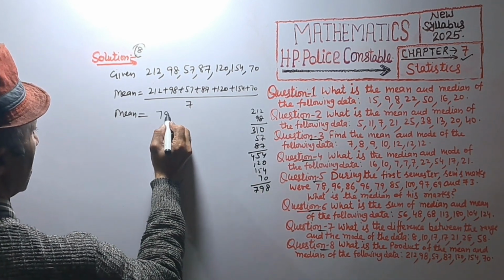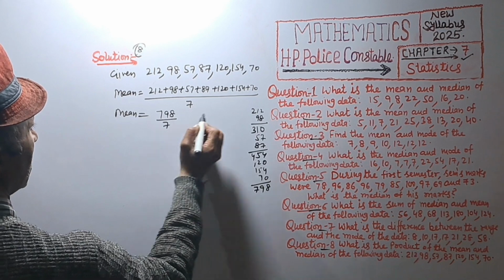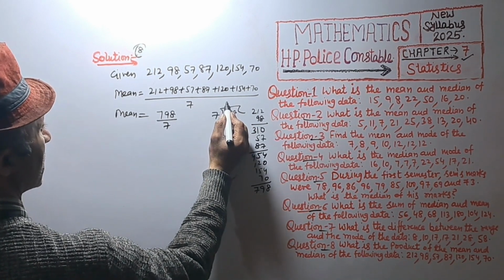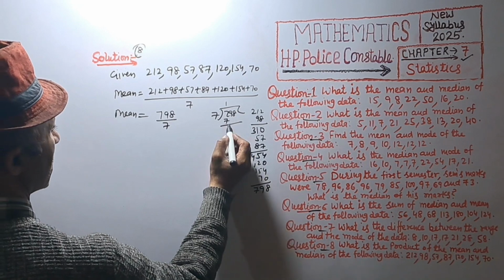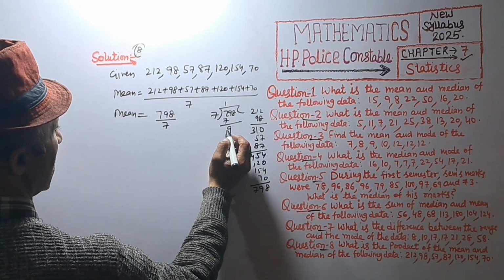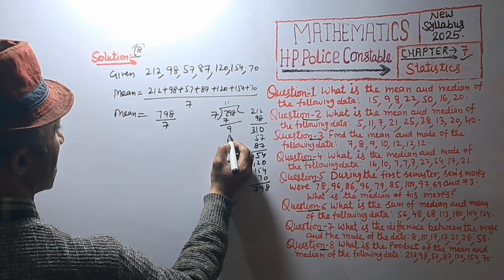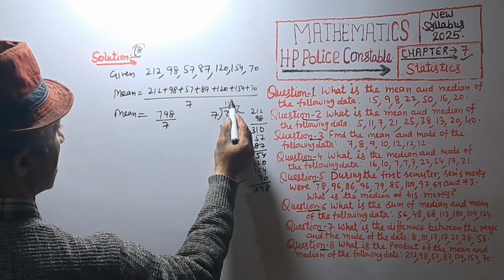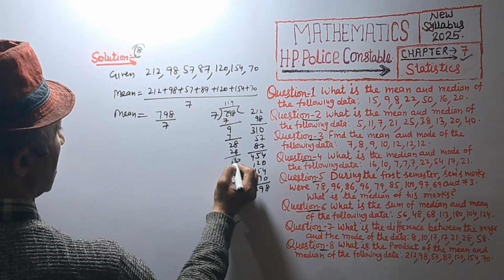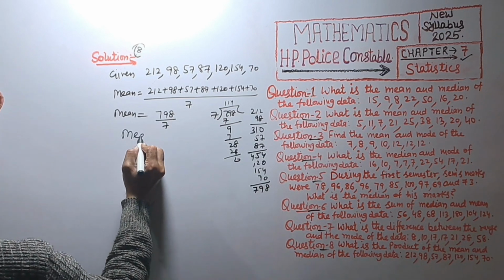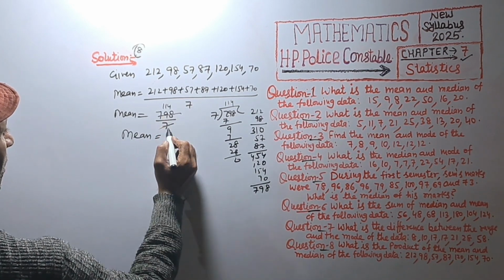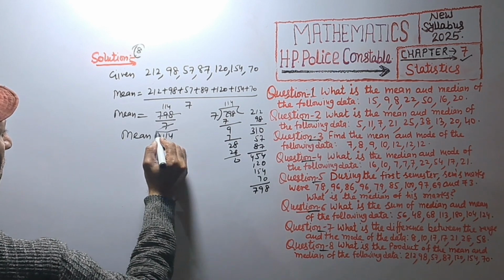That is 798 divided by 7. 7 ones are 7. 9, 7 ones are 7. 28. 7 fours are 28. So mean equal to 114.